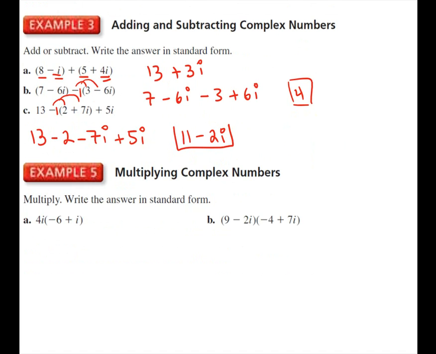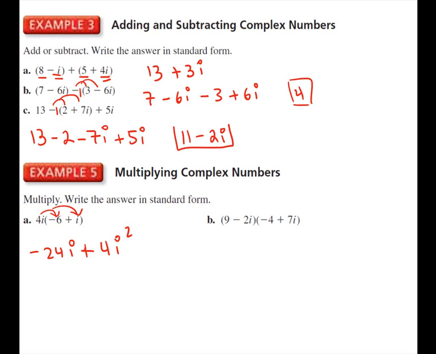Multiplying complex numbers. When we're multiplying, all we do is distribute. We're going to distribute this here and here. So we'll get negative 24i, and then we'll get plus 4i squared, because i times i gives you i squared. Now remember, I told you before, your final answer cannot have i squared in it. You can have an i, but not i squared.